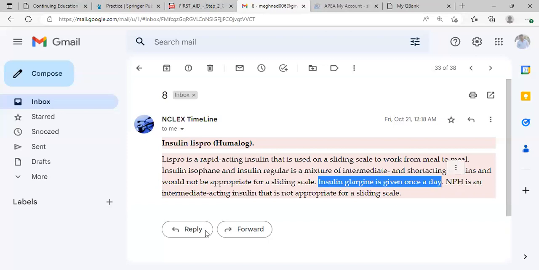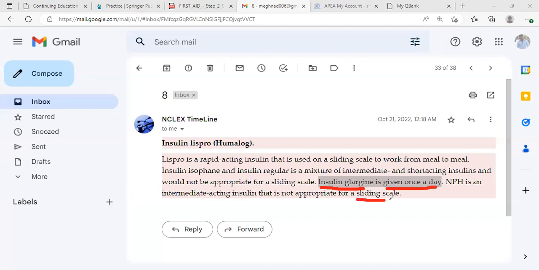And NPH is an intermediate acting insulin that is not appropriate for sliding scale. So what information do we learn from here? One is insulin glargine is good because it is given once a day. And also we learn NPH is an intermediate acting insulin and it is not appropriate for sliding scale.